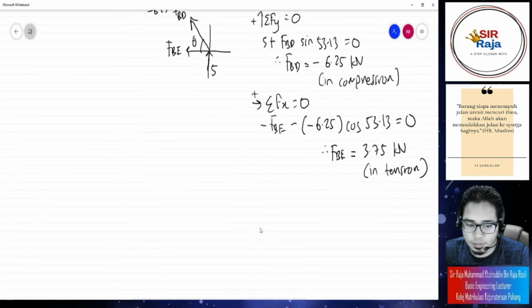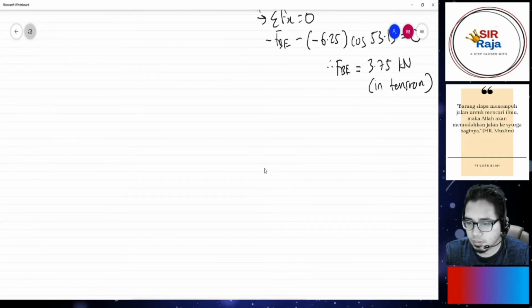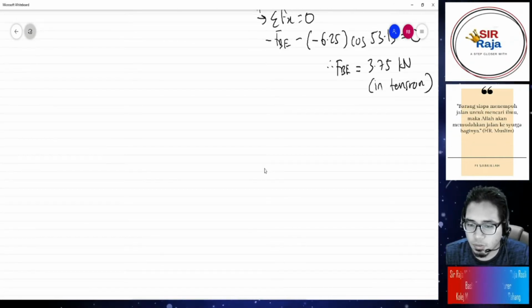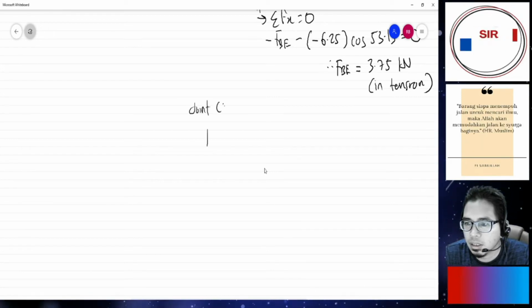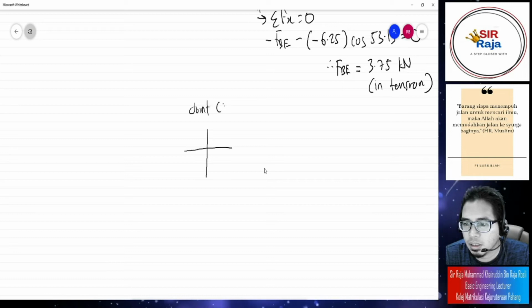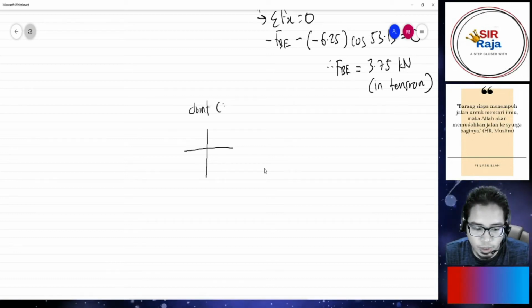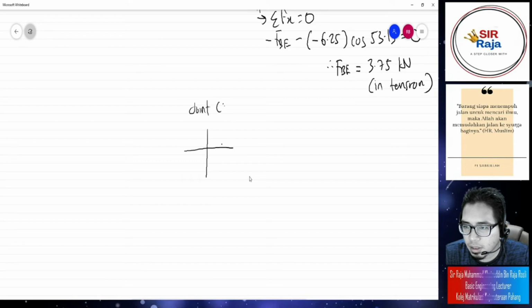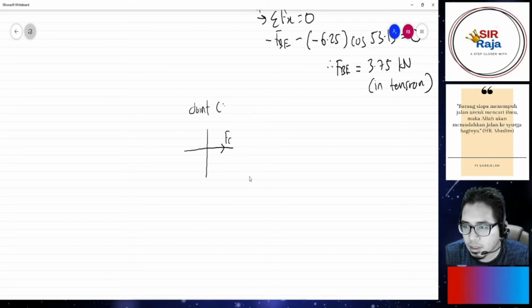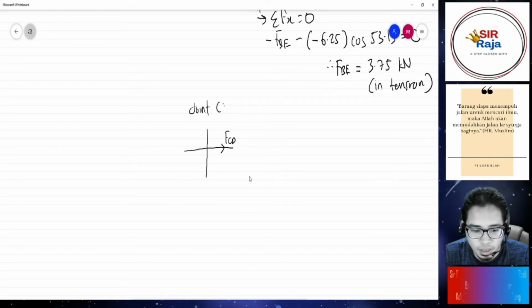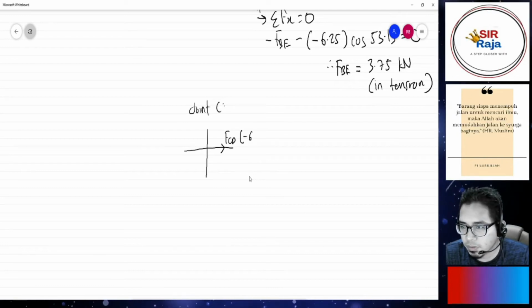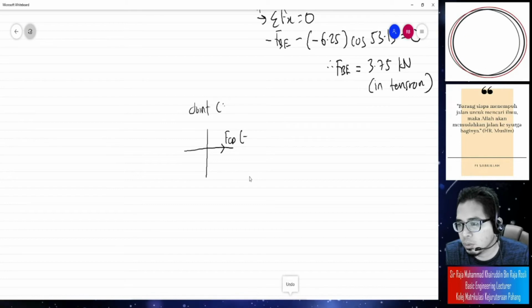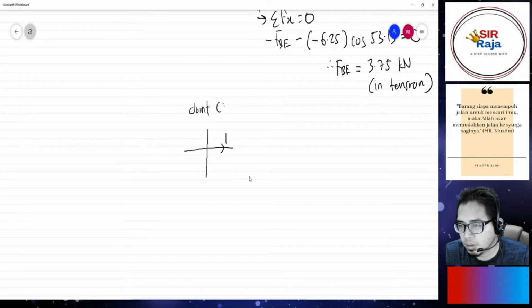For our joint C, we're going to have FCD, which is negative 67.5. Oh, sorry, this is the one that you're going to calculate later on.